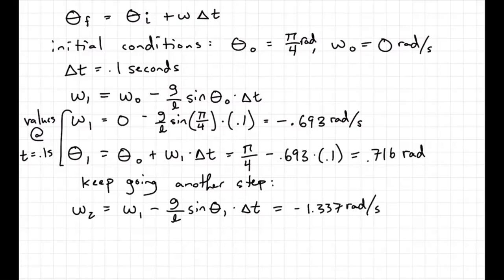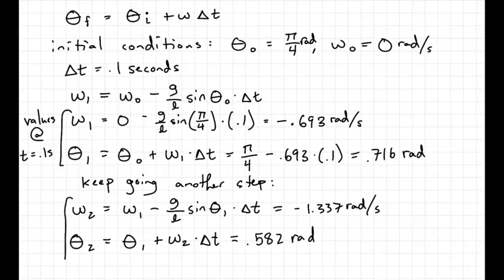And theta 2, so that's now theta 1 is the initial theta for this time step, plus omega 2 is our updated omega for this time step, times delta t. And if you work that out, you get 0.582 radians.